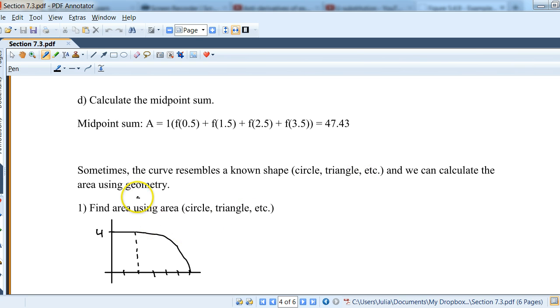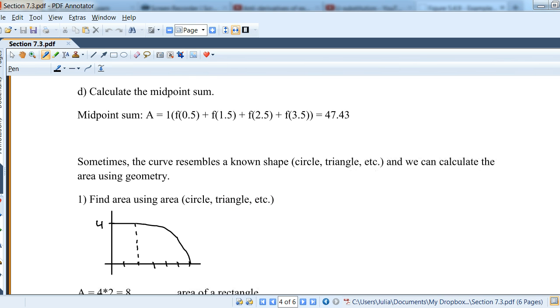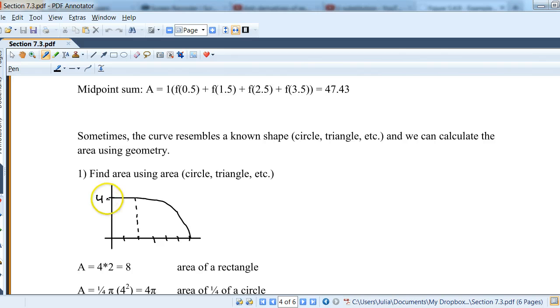So there are going to be a few problems in your homework. Let's say find area using different shapes like circle, triangle, and so on. Notice here the graph is given. For example, I tried my best to draw it. And notice how it looks like a rectangle from 0 to 2, and then from 2 to 6 it looks like a quarter of a circle.